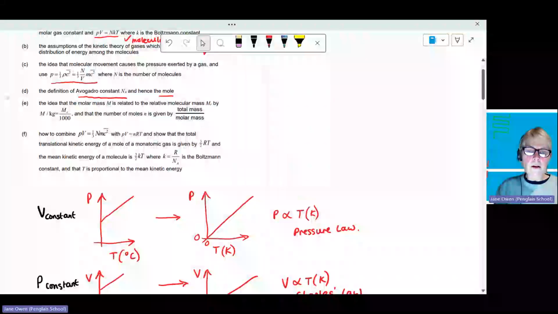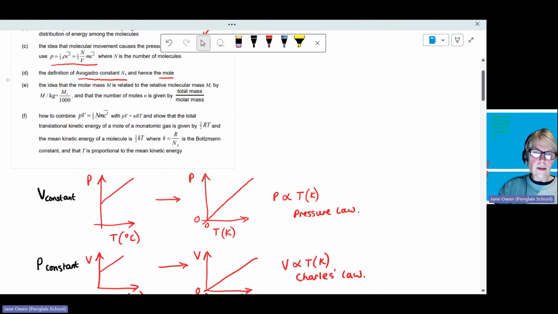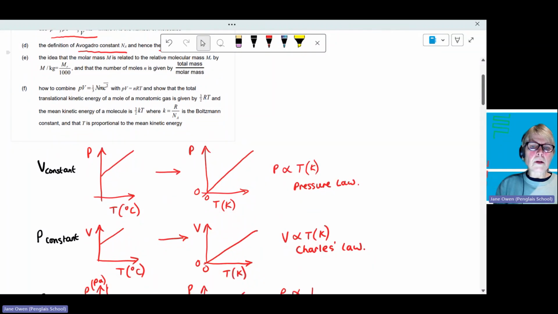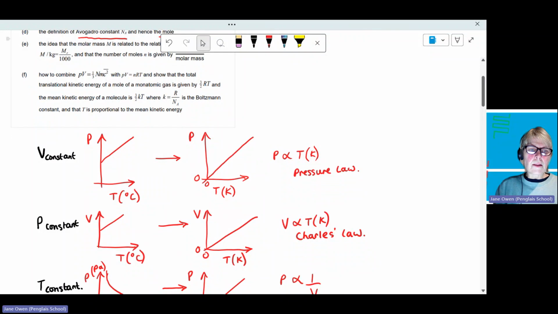Then we looked at the molar mass and how it's related to the relative molecular mass to give us the number of moles, remembering that all of these masses are in grams, and we can convert them into kilograms. And then finally, that quite tricky relationship between PV equals a third Nm mean square speed and PV equals nRT, relating them together.